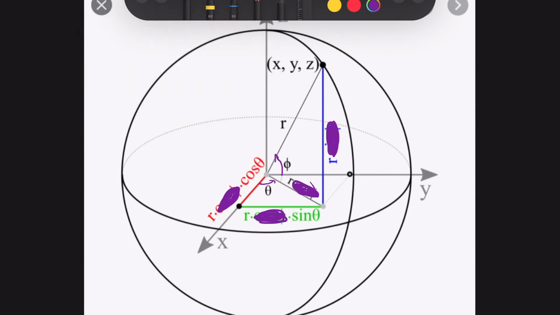We can see that the triangle that forms here will then have the projection of r onto here. That's one way to think of it, or we could still think of it in terms of right triangles.